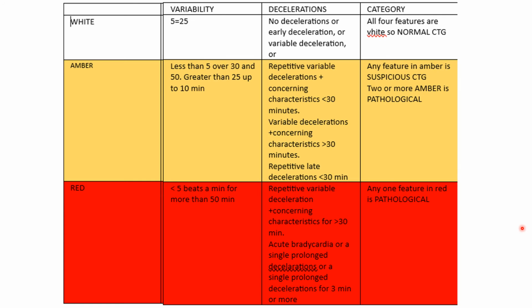So important to remember that the longer the deceleration, the later the deceleration, the higher the risk of fetal compromise, especially if the decelerations are accompanied by a rise in the baseline, a tachycardia, or reduced or increased variability.